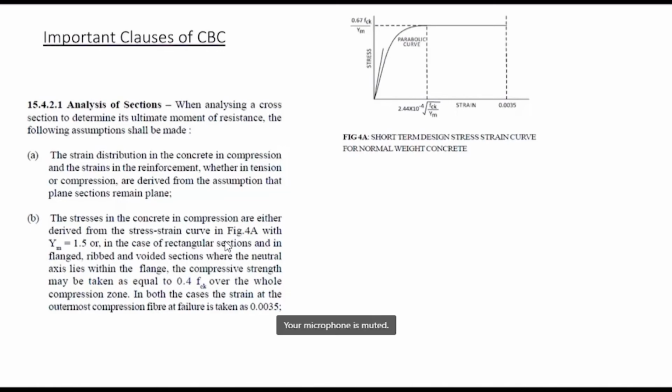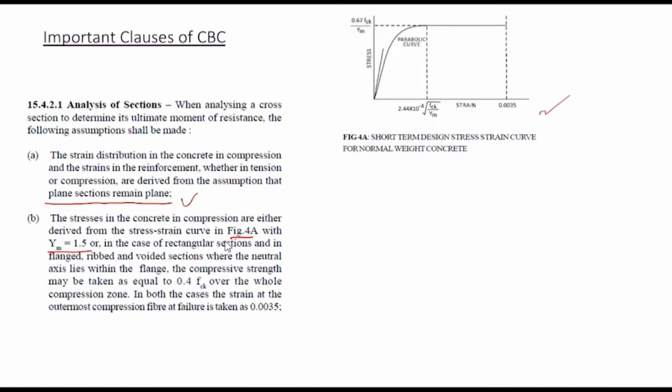Now these are a few clauses of CBC, which is for bending. These are similar to the provisions given in the IS code. The first provision is that a plane section remains plane after bending. The second is that the stresses in the concrete in compression are derived from the stress strain curve given in 4A, with gamma m equal to 1.5, which is similar to our IS code.